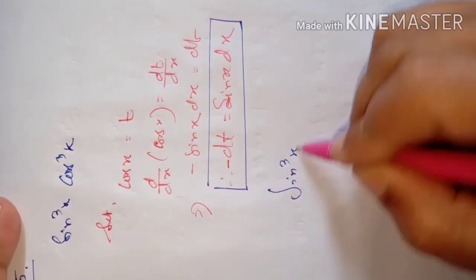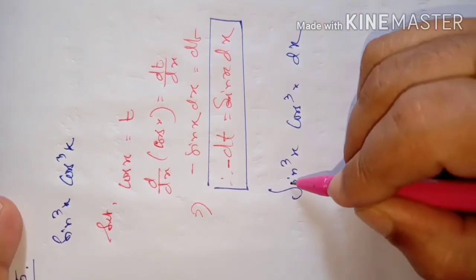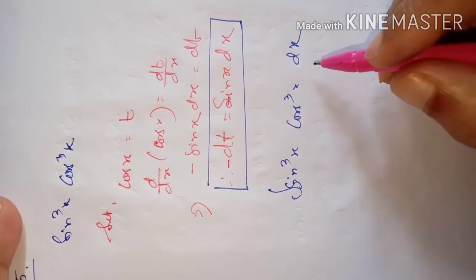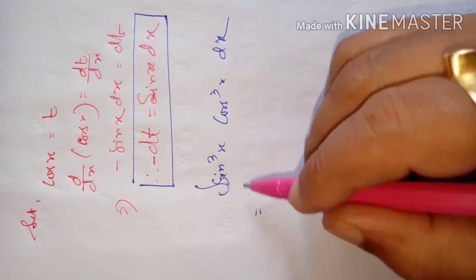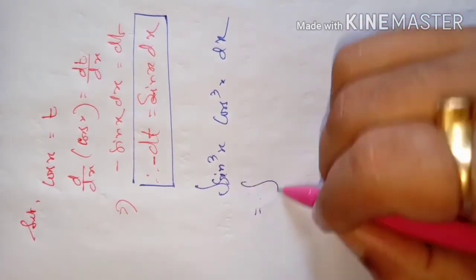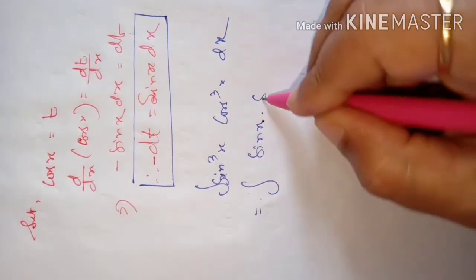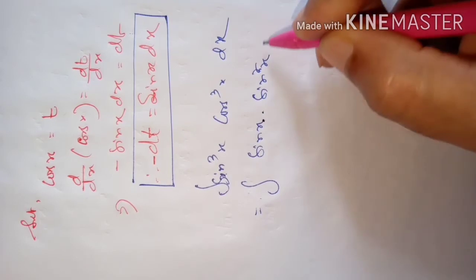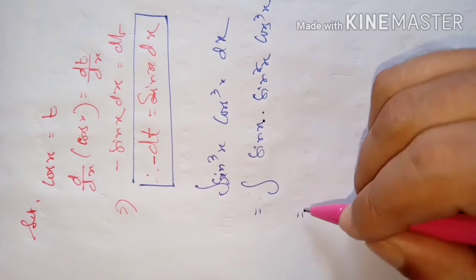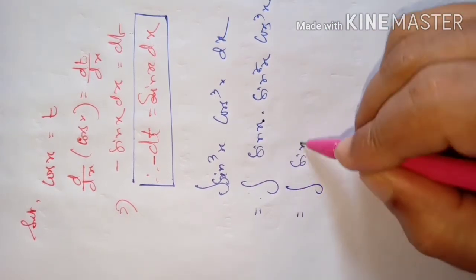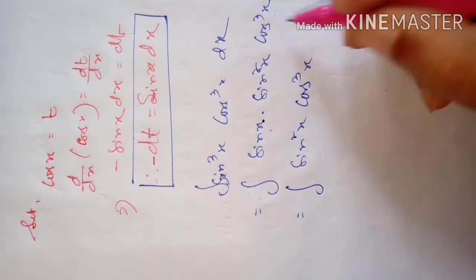Now take the original problem: integration of sin cube x cos cube x dx. Dear students, if I break sin cube x as sin x into sin square x, with cos cube x as it is, I get sin square x and cos cube x, with sin x dx together.